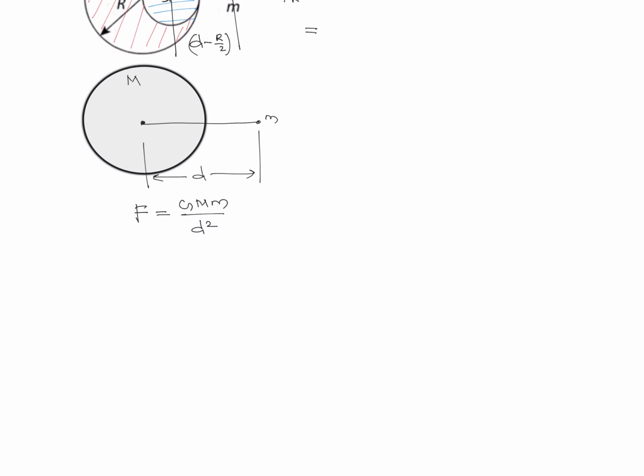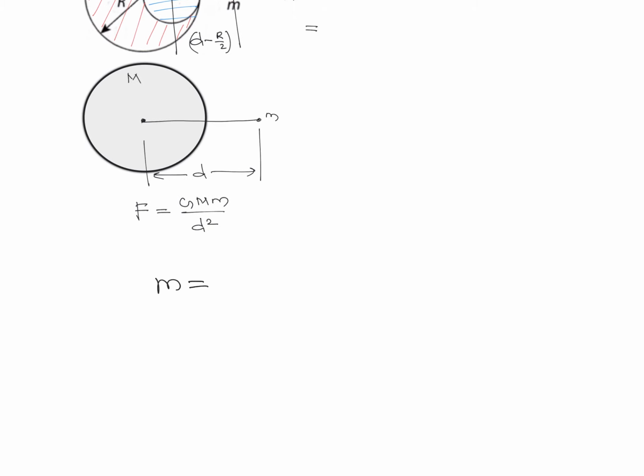How will we calculate the mass? Mass is equal to density times volume, as density is mass by volume. The mass of the portion we removed, let's call it m dash, is the density of the entire sphere, which is m divided by its volume, 4 by 3 pi r cube, times the volume of the removed part, 4 by 3 pi into r by 2 whole cube.